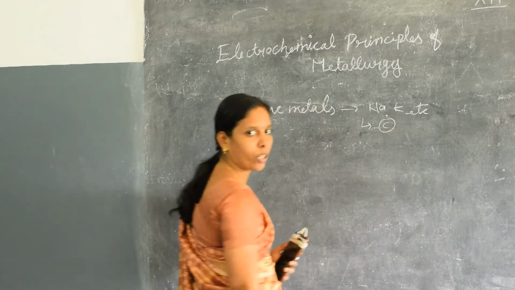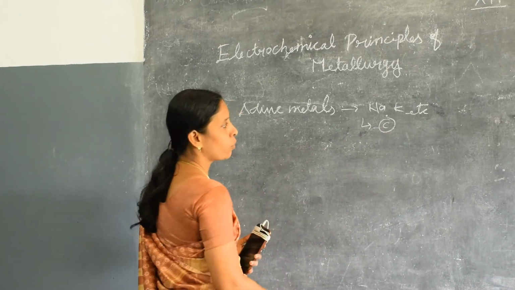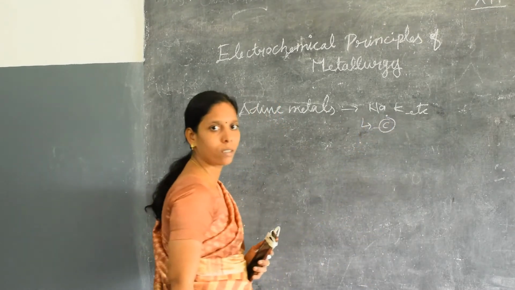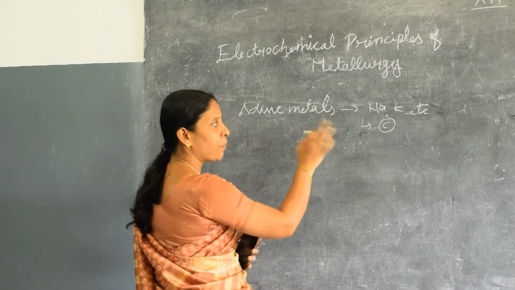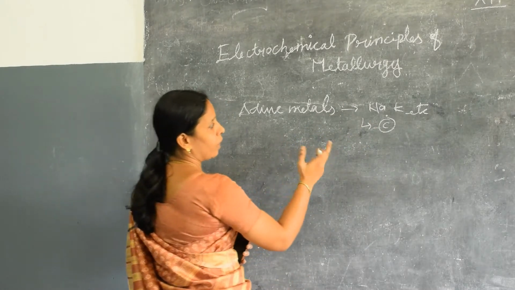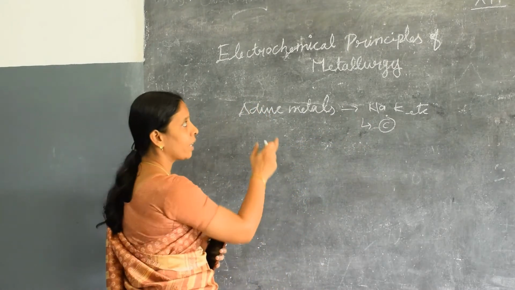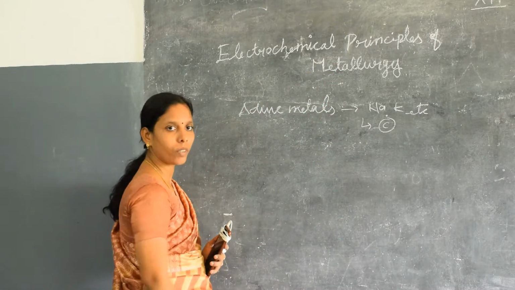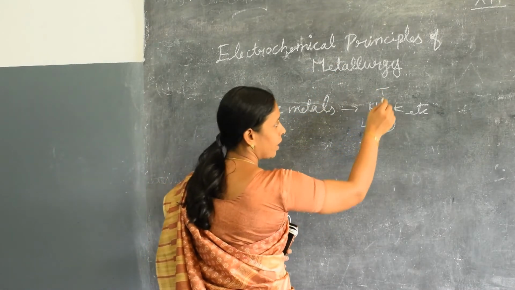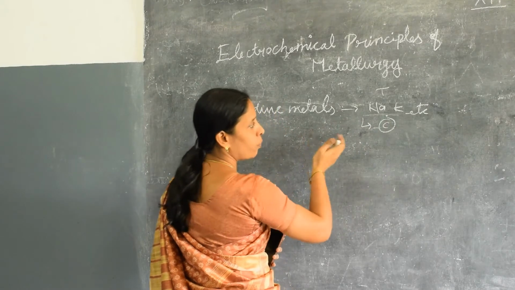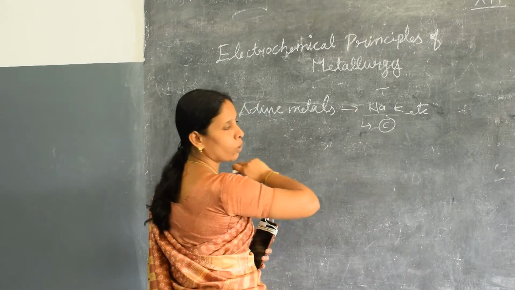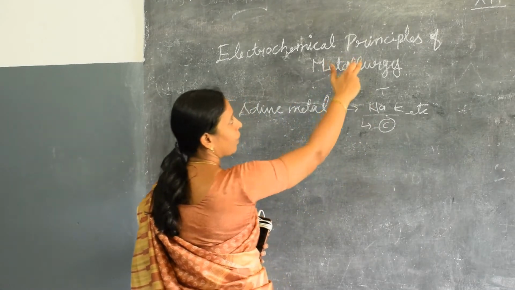Carbon cannot reduce them. So these metal oxides can be reduced by a suitable reducing agent using electrochemical principles. With thermodynamic principles we cannot reduce these metals, so we reduce these compounds by using electrochemical principles.